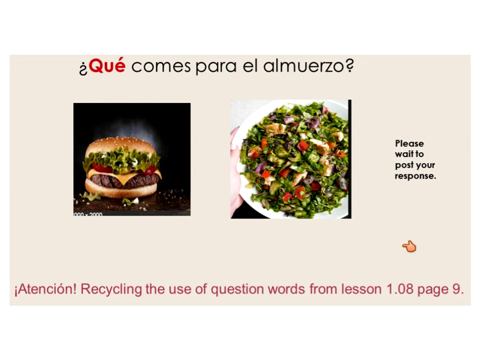Let's see. Okay, so we see, yo como la hamburguesa para el almuerzo. That's great, Danielle. Como la hamburguesa. All right, I'm going to put those 2 up on the board for a minute. We have yo como la hamburguesa para el almuerzo.